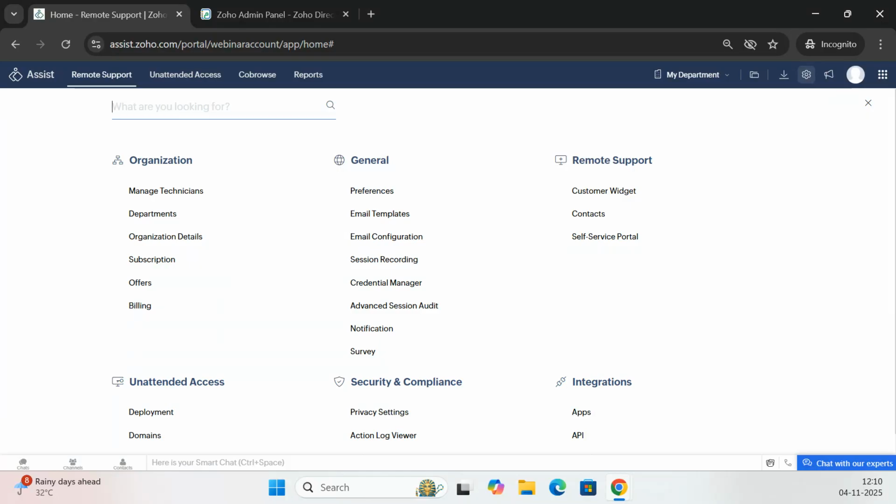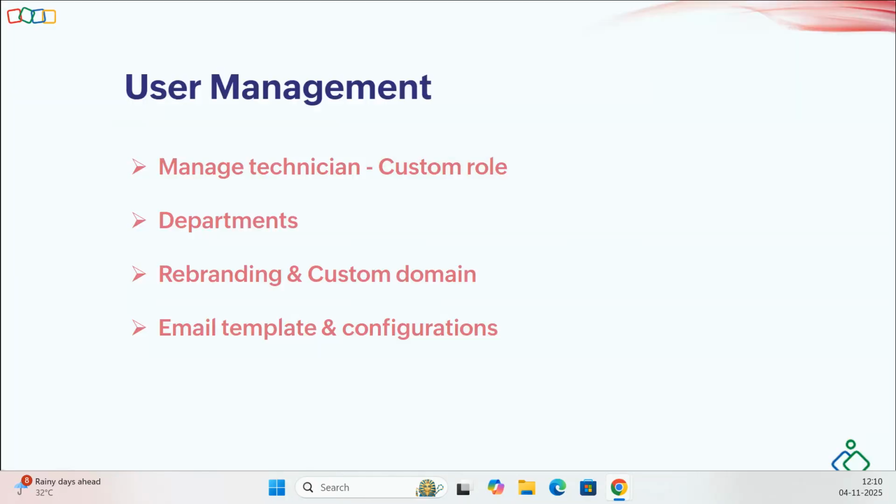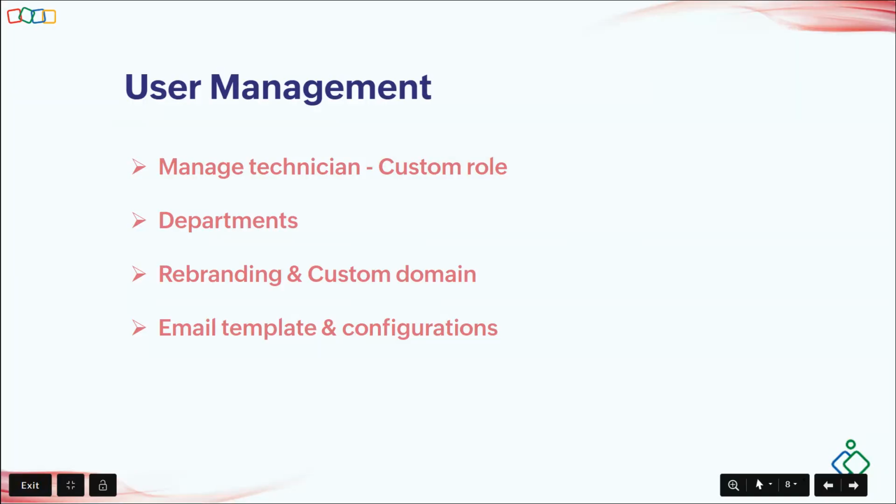The next user management feature that we have is the rebranding and custom domain option. You can brand Zoho Assist by including your company logo, the favicon, and the name, and you can also customize the portal URL that is associated with the company details. We also have a custom domain feature in Zoho Assist that lets you access Zoho Assist from the domain of your choice.